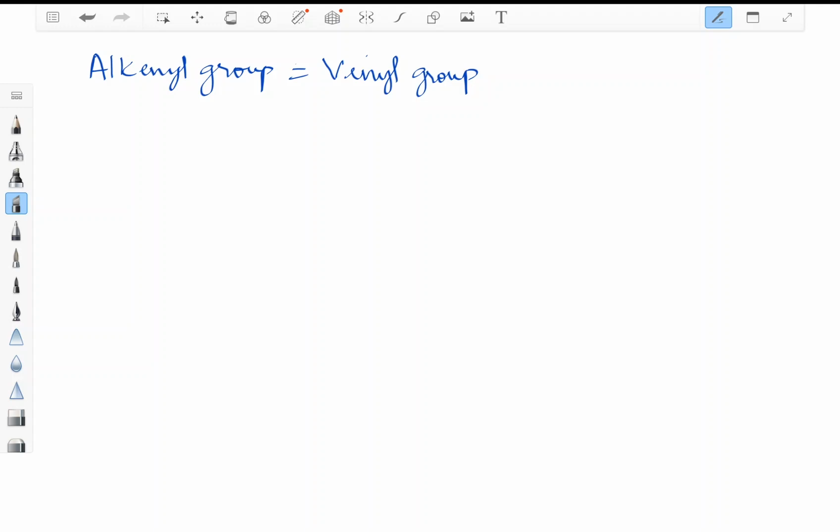The difference in the alkenyl group is that it is actually a type of alkene. For example, you have CH2 double bond CH2. The name of this compound was ethene as per IUPAC. How you got it, you know already. From ethane, you remove ANE and add ENE, that is ethene.